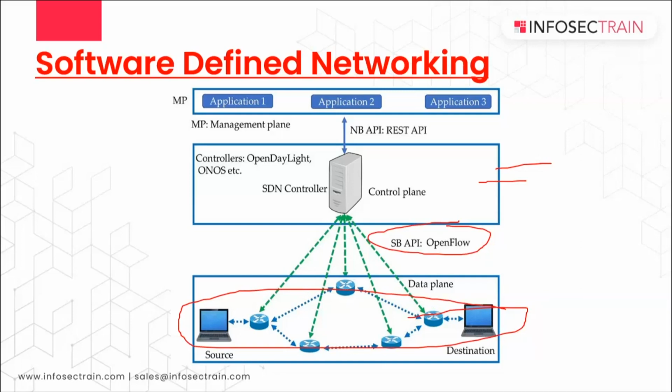So SDN is basically different from your traditional network. Your traditional network uses dedicated hardware devices like routers and switches, and to control the network traffic, you have to configure those routers and switches. In SDN, I can create and control a virtual network, or I can control traditional hardware as well, that too via software, right?